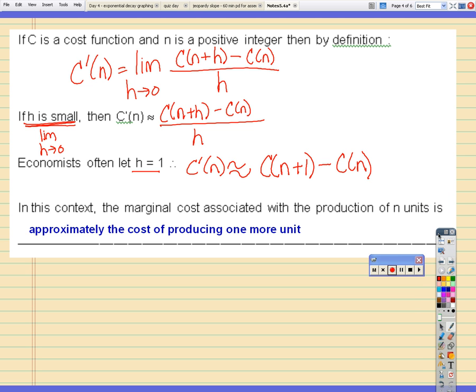So in this context, the marginal cost of producing n units is approximately the cost of producing just one more unit than n.